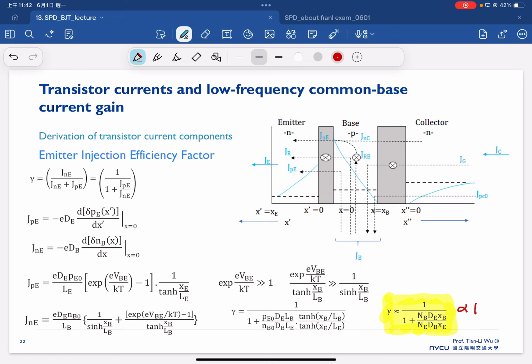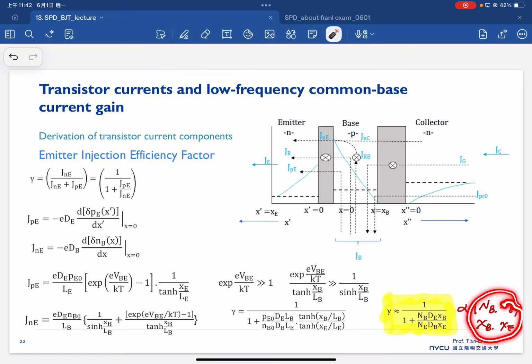So now finally we have gamma correlated with NB, NE, XB, XE. As a semiconductor device engineer, in the end we want to design our transistor. Now these factors can be designed by considering these different parameters. That's why we spend the effort here.